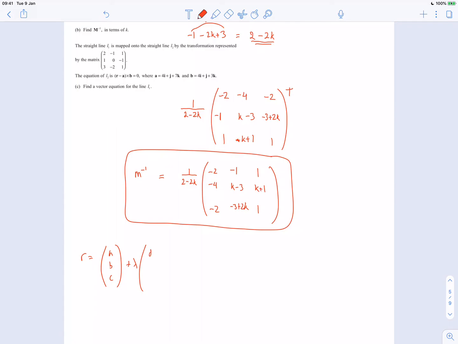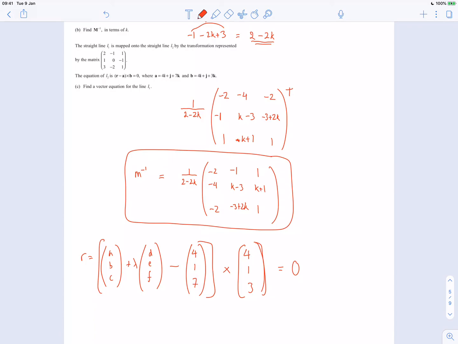I don't know, something else, d, e, f, and apparently when I subtract a from that, which is 4, 1, 7, because that's what 4i, j and 7 is, and if I cross that with 4, 1, 3, then I get nothing, I get a 0.